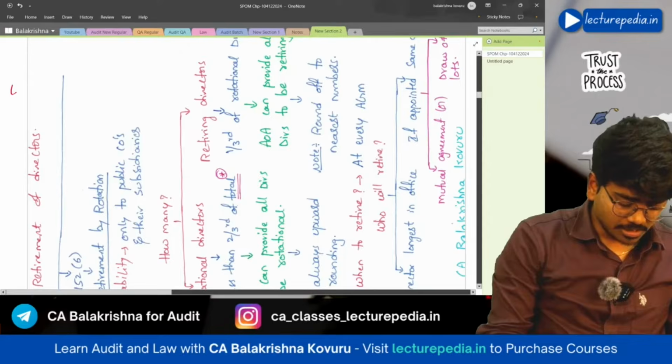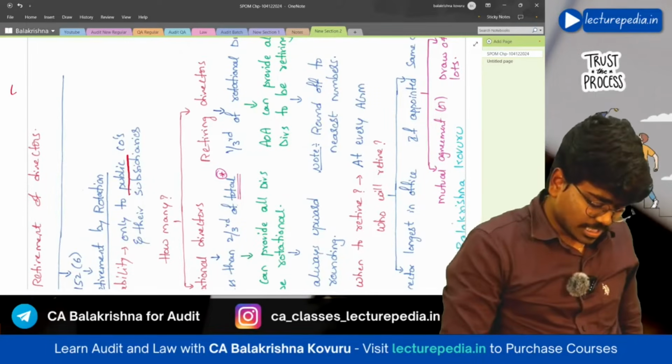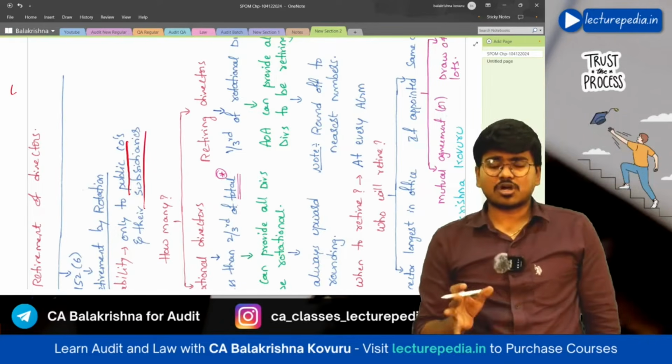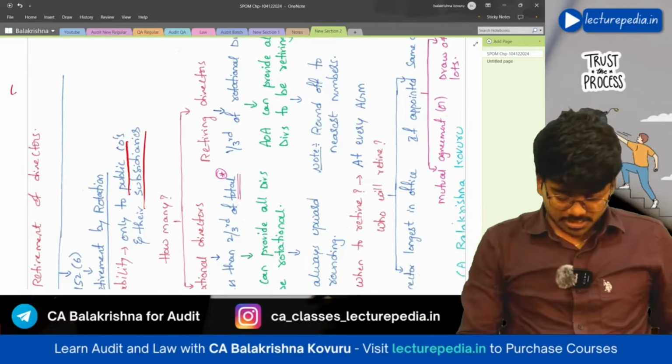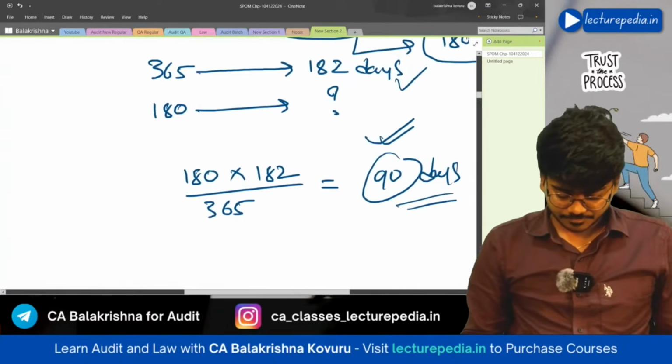However, the concept of rotational director is applicable only for public companies. This concept of rotation of directors is not applicable for private companies. First of all, let me explain how this rotational director concept will work.